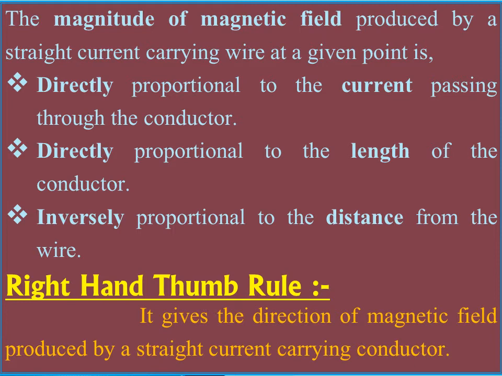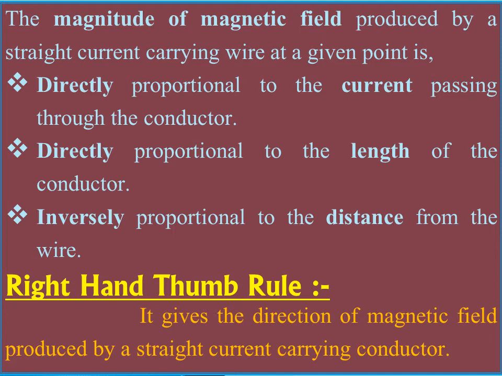That is why, as we already told, when we move away from the wire, the circles are becoming loosened and larger, which means the field also decreases. When the distance increases, field decreases. So the magnetic field is inversely proportional to the distance from the wire.